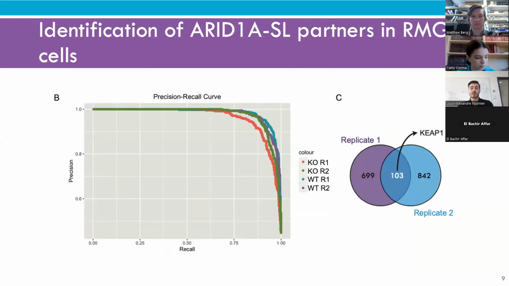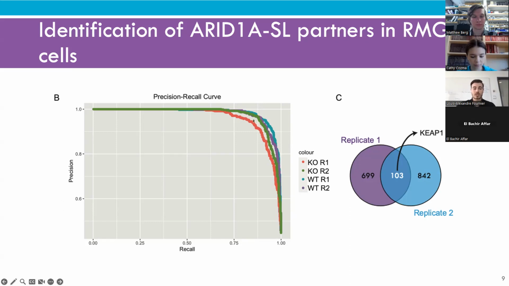So I've performed this CRISPR screen approach in biological duplicates in an isogenic cell line model of ovarian clear cell carcinoma. And I've looked at the precision recall curve to first evaluate the performance of our screens. Overall, we found that our experiments captured over 99% of the guide RNAs in the library at the initial time points, which gave us confidence that we infected our cells with the appropriate representation of our library.